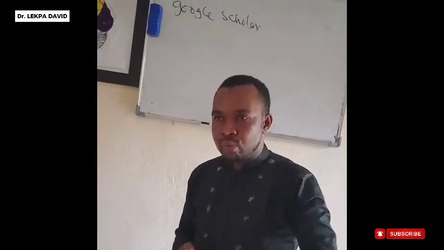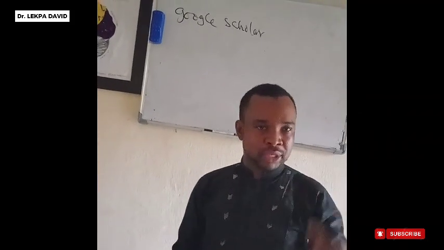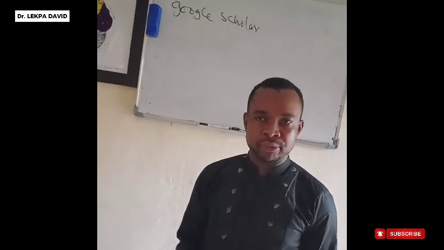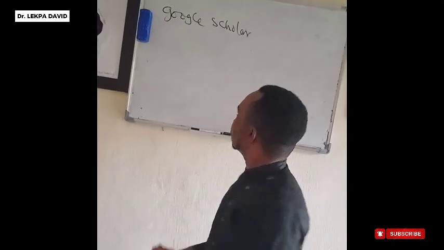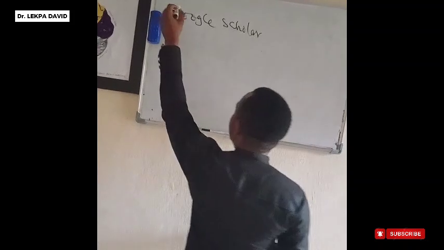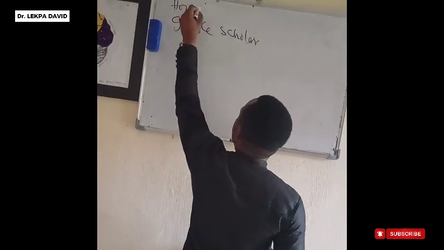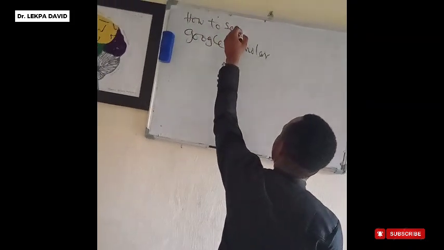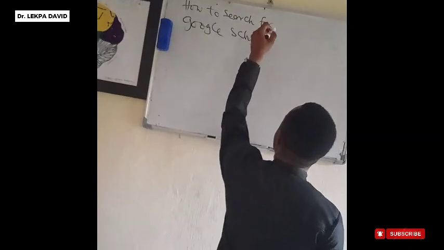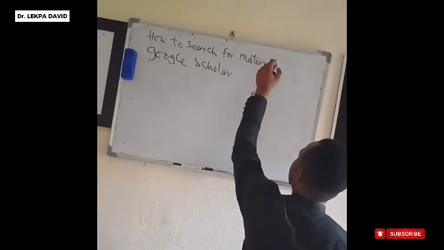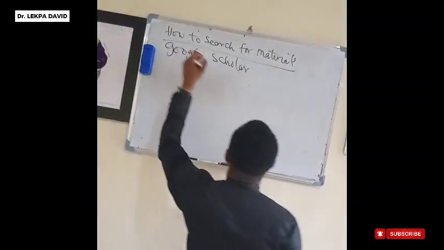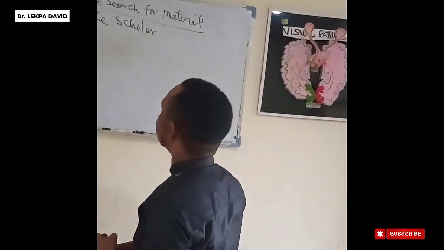You see a lot of published work related to yours will pop up, and then you begin to see the one that is closer to what you are looking for. Remember, we are looking at how to search for materials.